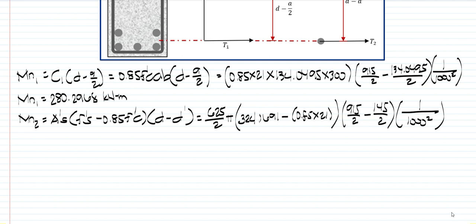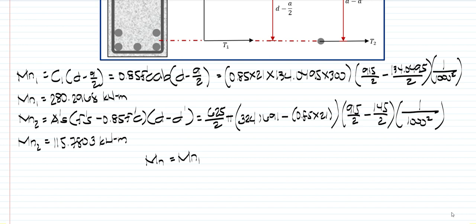So, our second nominal moment will just be equivalent to a value 115.7803 kilonewton meter.